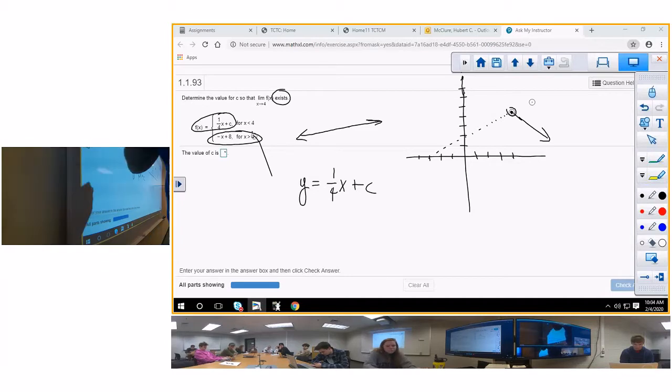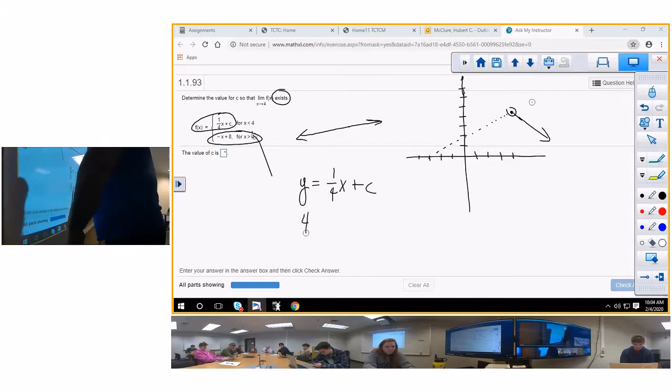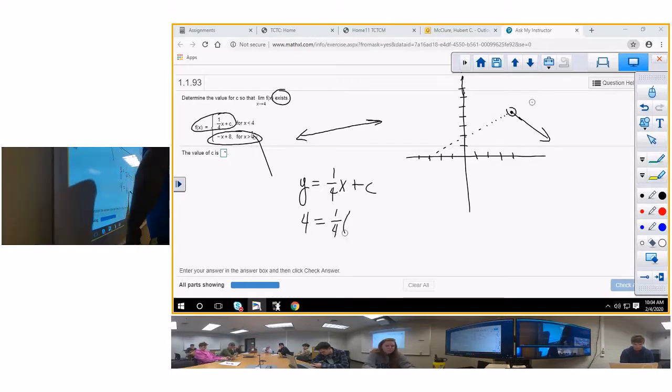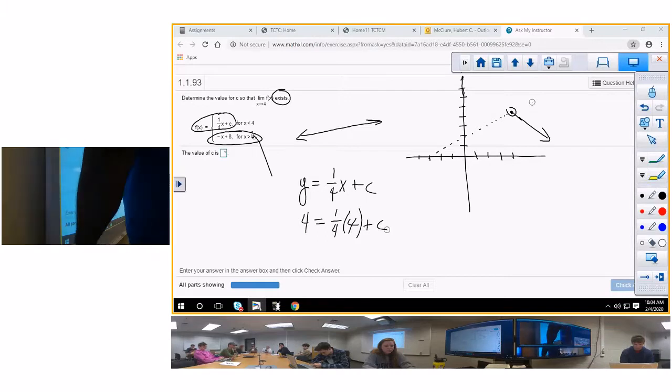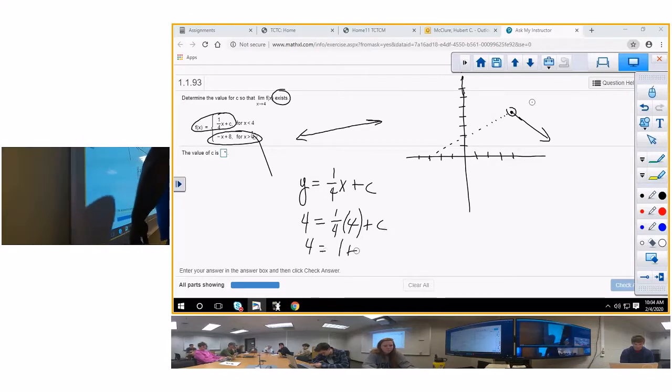So we got 4 and 4. Does everybody understand that? So 4 is equal to 1/4 x, which is 4, plus c. 4 is equal to 1 plus c. c is equal to what? 3. So that should be your answer.